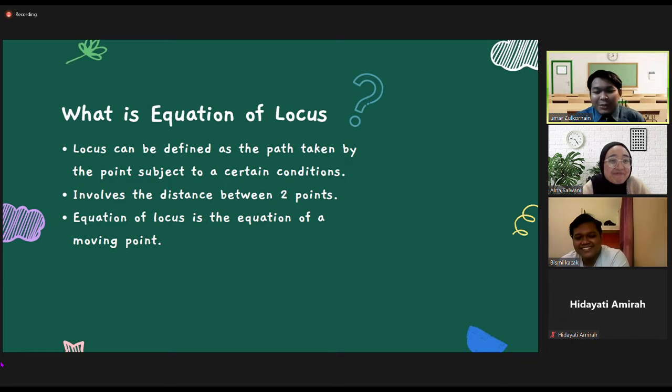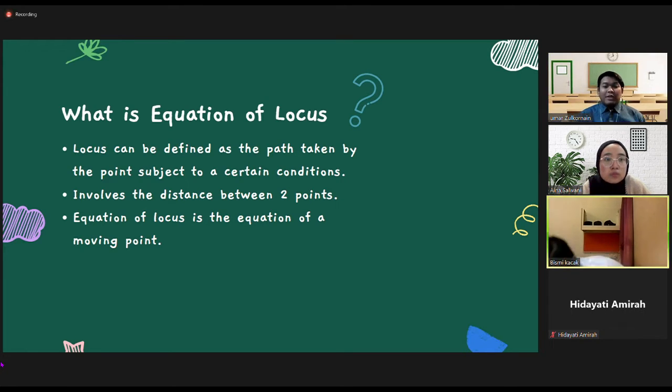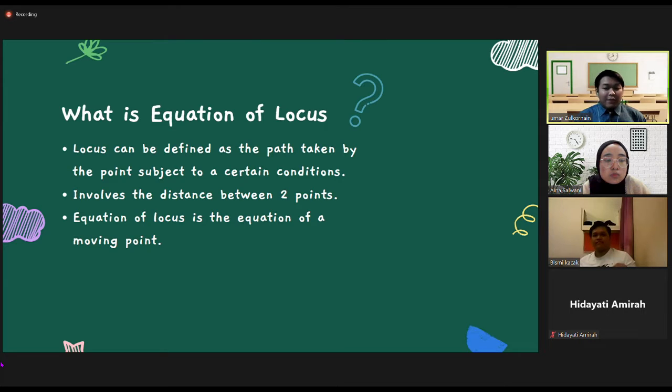Alright, so just like any other topic before, we start with a definition and a question. What is equation of locus? Right, so what is equation of locus? By the definition, I have also prepared a concept for you to have a better understanding about the equation of locus, but I will proceed with the definition first.